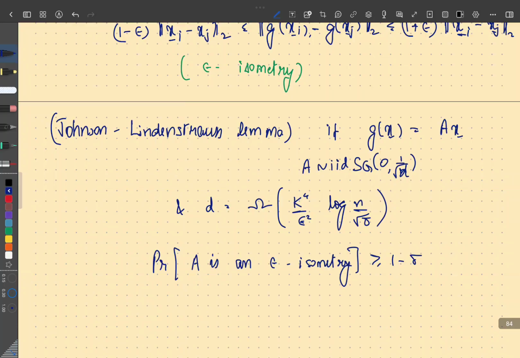So with very high probability, a random Gaussian or sub-Gaussian matrix is an epsilon isometry. It's a very powerful tool, because irrespective of the dimension of the original space, I can bring it down to a much lower dimensional space, completely independent of capital D. But of course, it now depends on n.